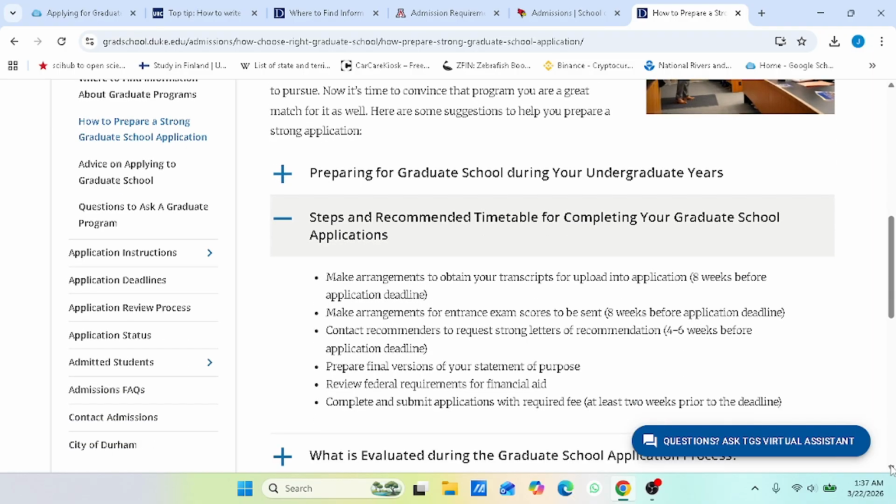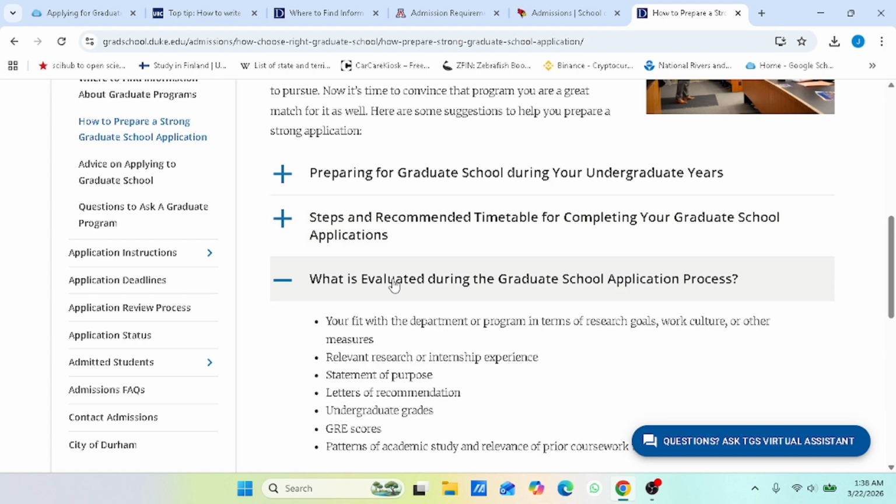Make arrangements to obtain your transcripts and upload them 8 weeks before the application deadline. Make arrangements for entrance exams, that is, if they are required. Contact recommenders. Prepare final versions of your statement of purpose. And complete and submit applications with required application fees at least 2 weeks prior to the deadline. That is step number 2.